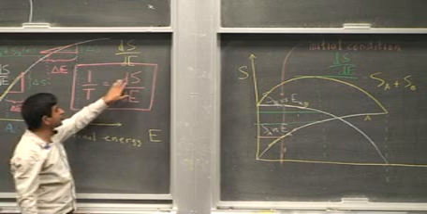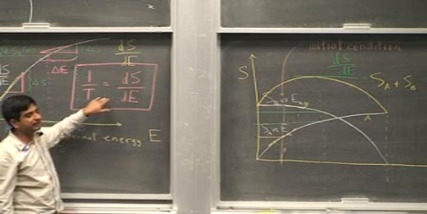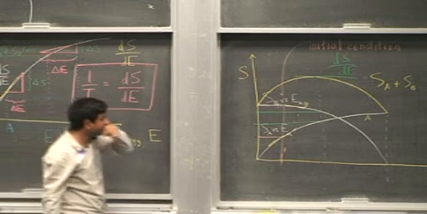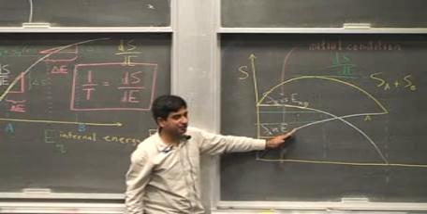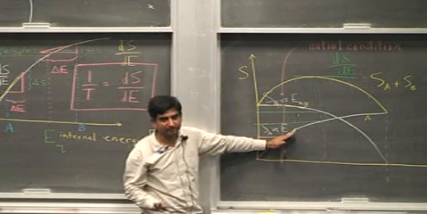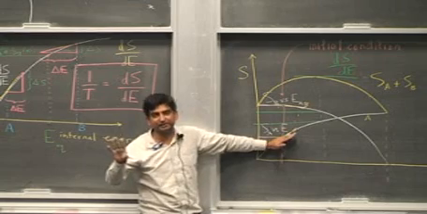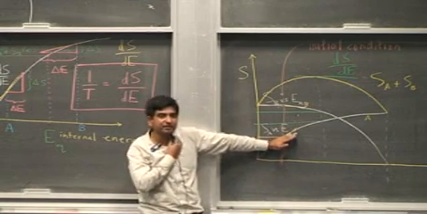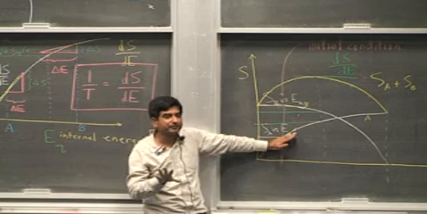So by looking at the entropy versus energy graph, you can tell what the temperature is. Here the slope is larger, the temperature is smaller. Listen to this carefully. Here the slope is larger, the temperature is smaller.